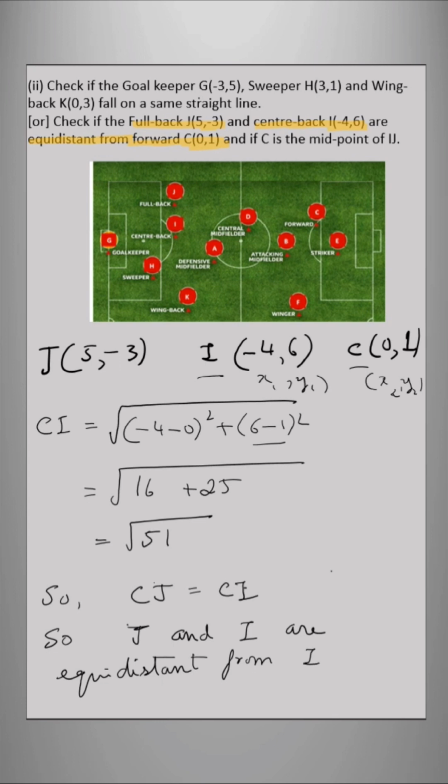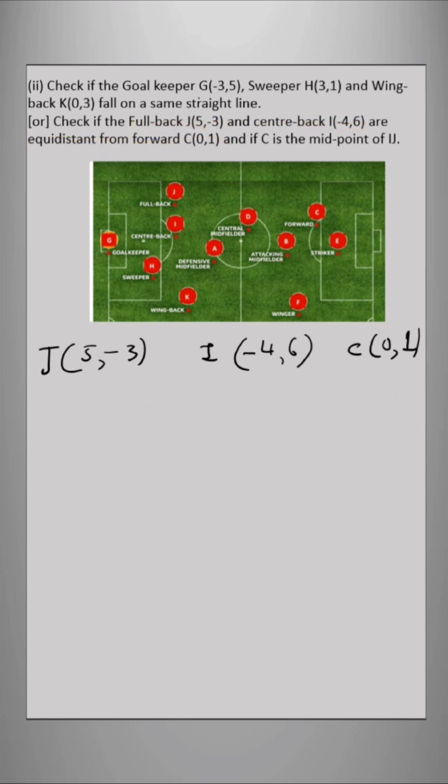Now we have to check if C is the midpoint of IJ. Means let the coordinates of the midpoint be x, y. Let this be x1, y1 and this be x2, y2.